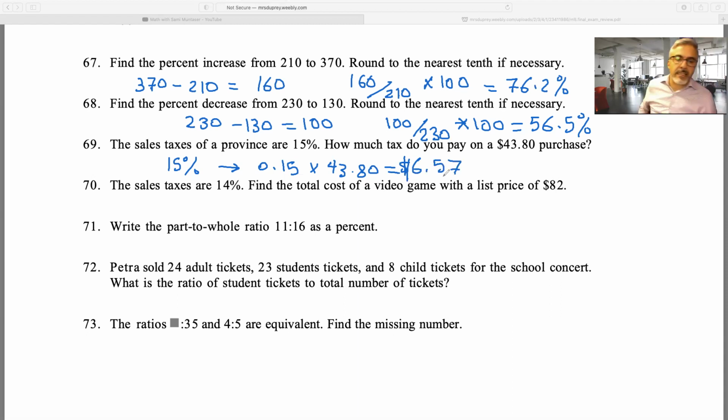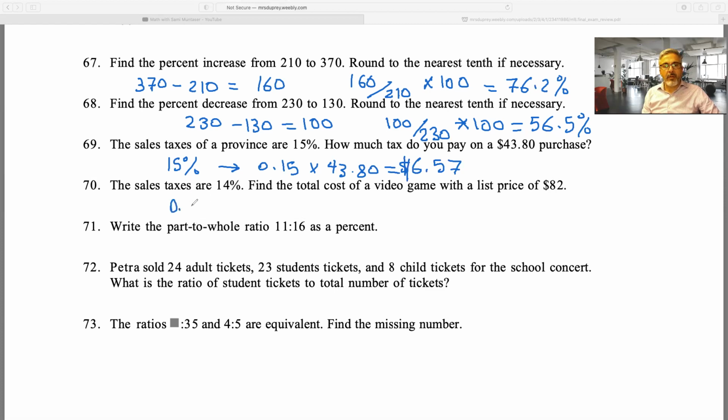The sales tax is 14%. Find the total cost for a video game with a list price of $82. So here they're not asking you only for the tax, they're asking you the total price. If they ask you just for the tax, all you need to do is just find the tax. But if they ask you for the total price or the total cost, you find out what the tax is and add it to the price of the item. So therefore, we change the 14% to a decimal.